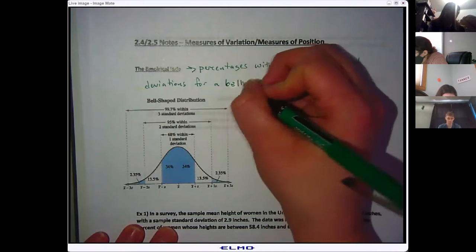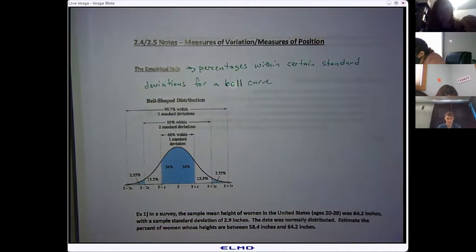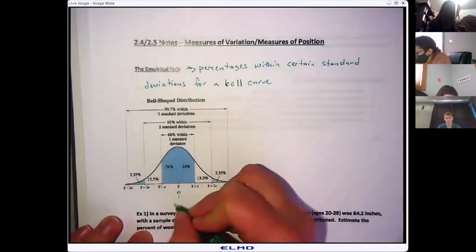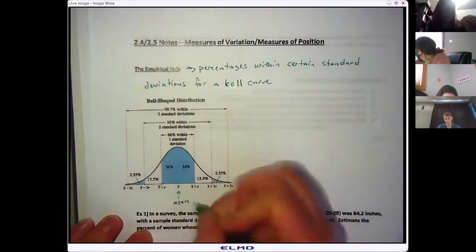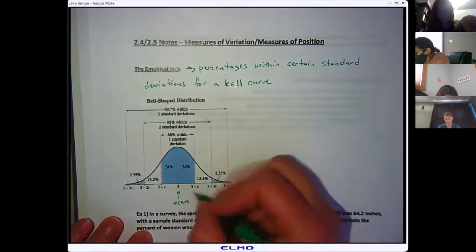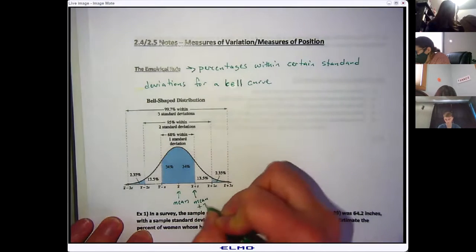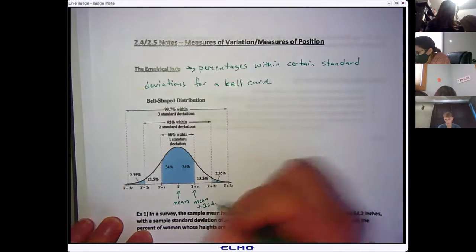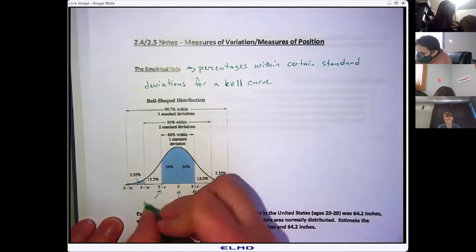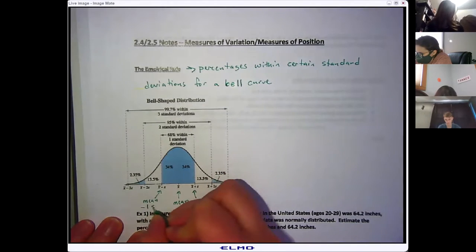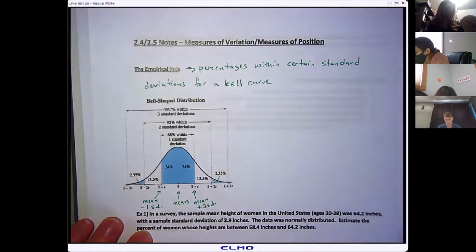Yeah, it's good. Okay. So now this bell curve, you notice that here's the mean. And this is the mean plus 1 standard deviation. And this one is the mean minus 1 standard deviation, and so on either side.